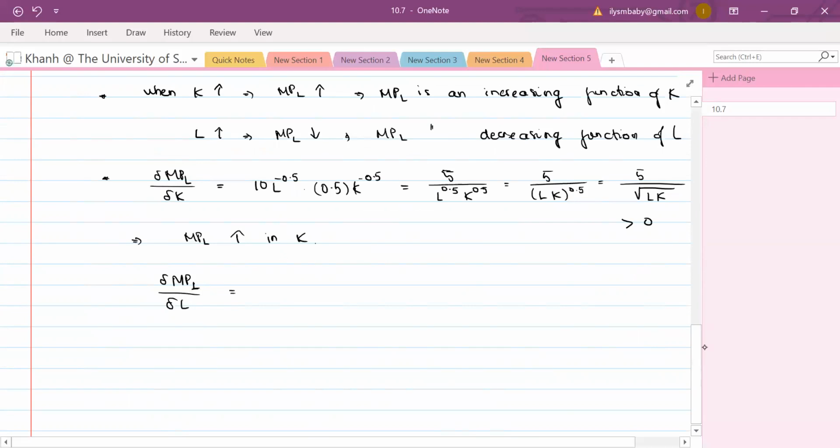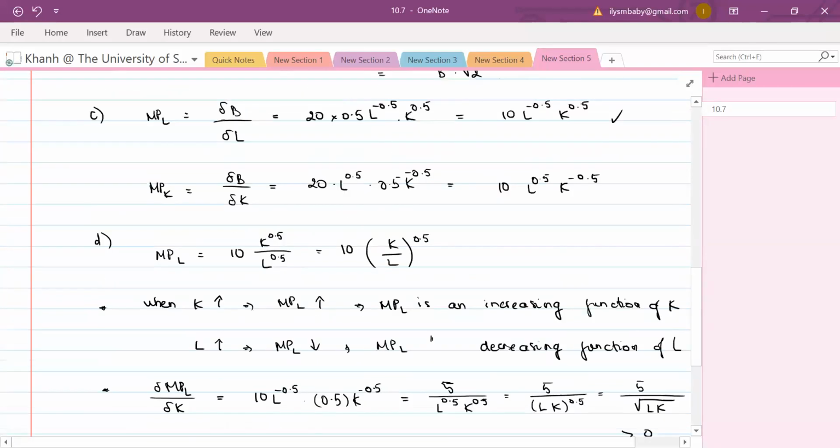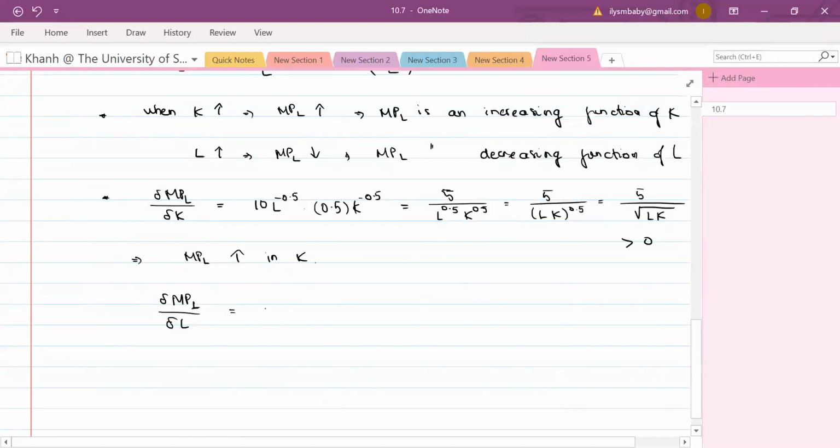So if I differentiate this, which is marginal product of labor, with respect to L, again I'm treating K as constant, so I get 10 L to the power negative half. If I differentiate that, I get negative half L to the power negative half minus 1, with K to the power half remaining the same. So 10 times negative 0.5 is negative 5, L to the power negative 1.5 and K to the power 0.5.